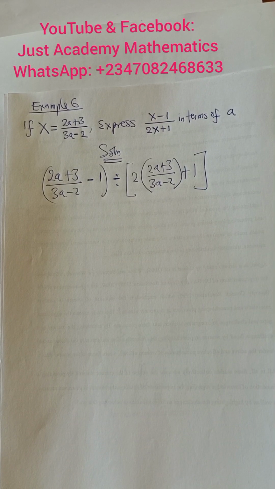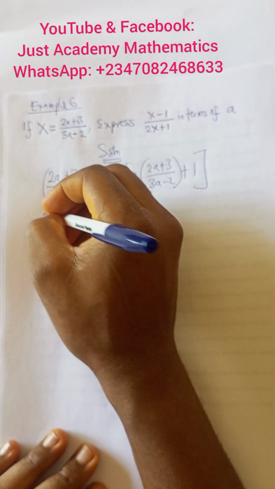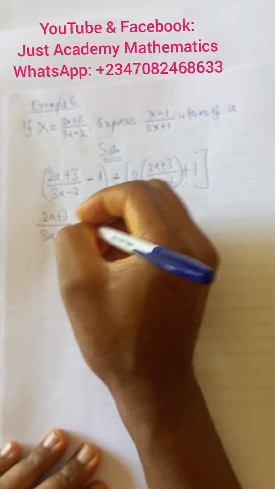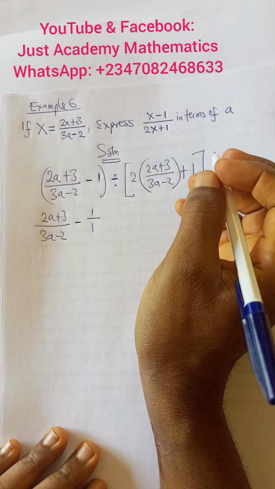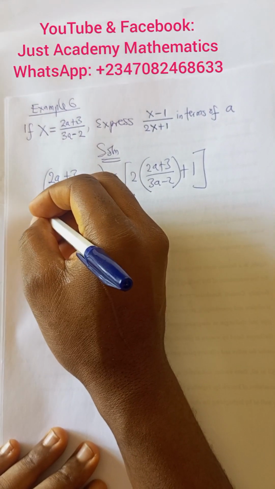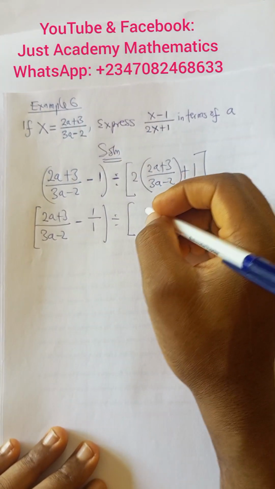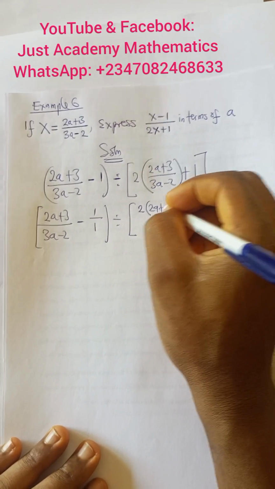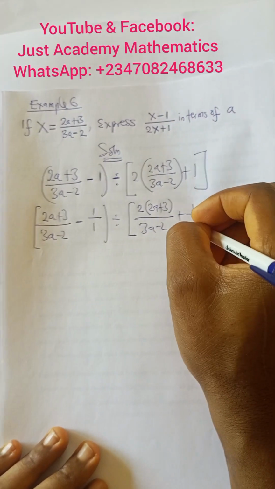So you can see, in terms of a, we have to solve it now in terms of a. So this is 2a plus 3 over 3a minus 2 minus 1 over 1. I will just find the LCM straight there. So divide by this, which will give us 2 times 2a plus 3 over 3a minus 2 plus 1 over 1.